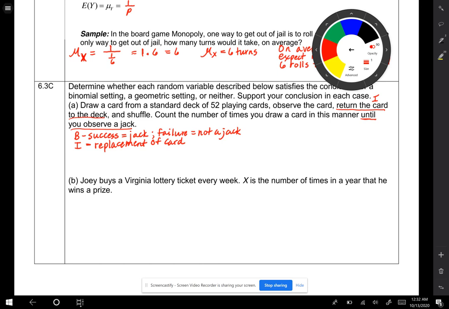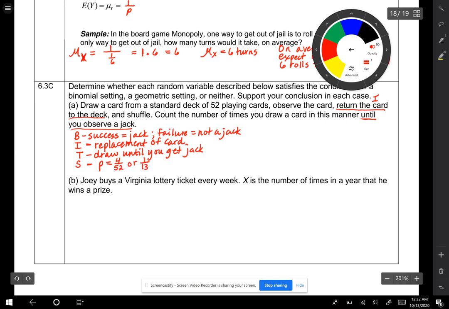Okay, here we knew it was geometric because it says you're going to draw until you get a jack. And lastly, the probability of success. So the probability is 4 out of 52, or 1/13. And so we know this is a geometric setting.